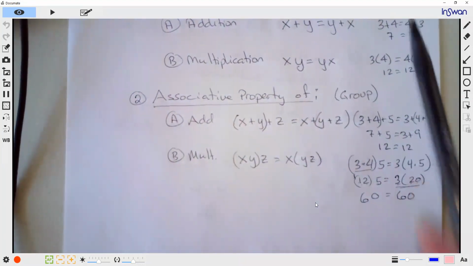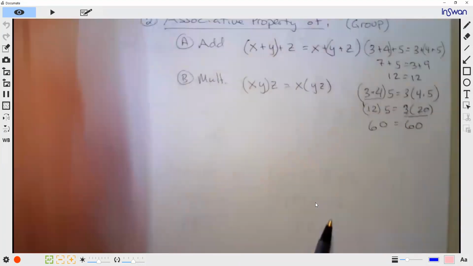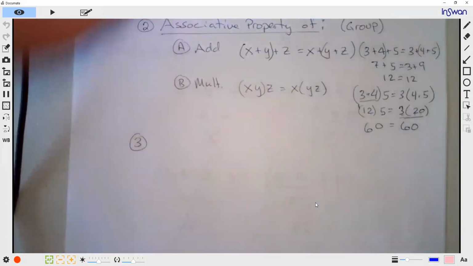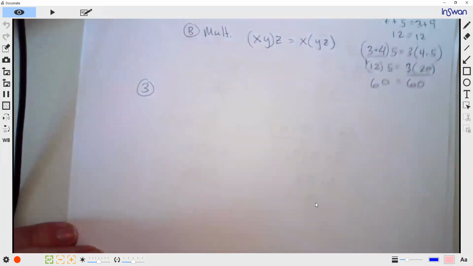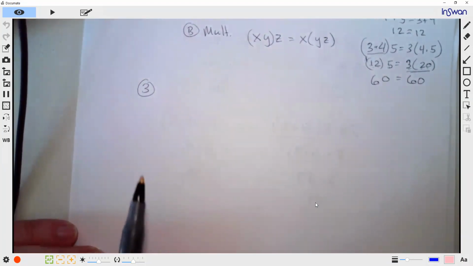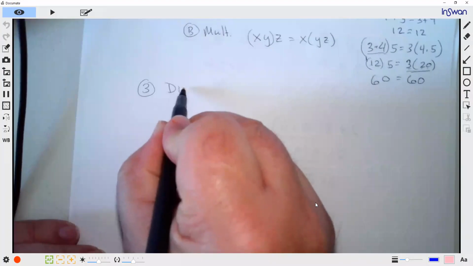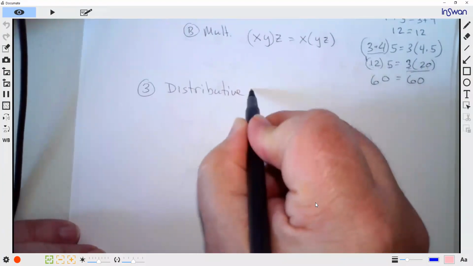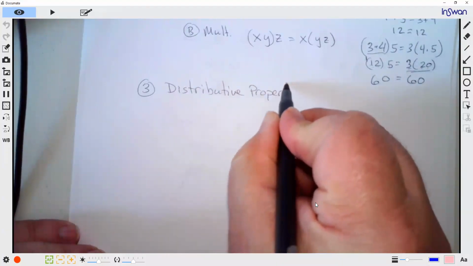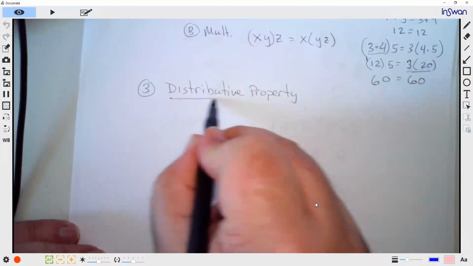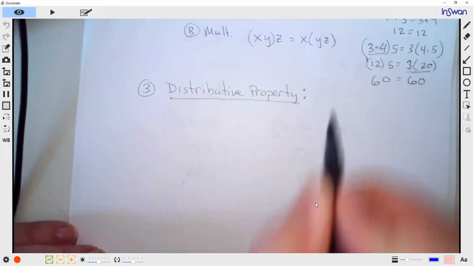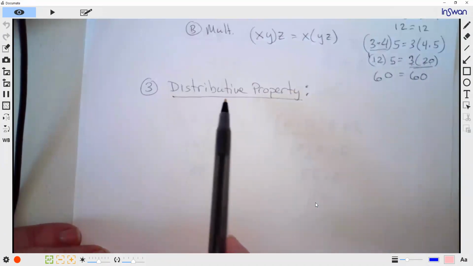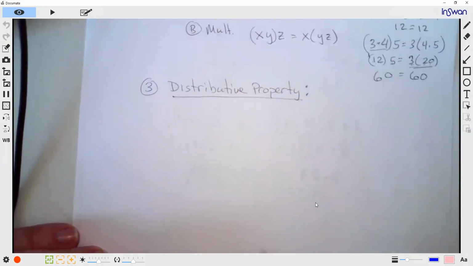So we talked about moving and grouping. The third property is the most important one. This is the one you're going to be using most in math classes. It's called the distributive property. You notice there's no "of" here because this one combines both multiplication and addition.